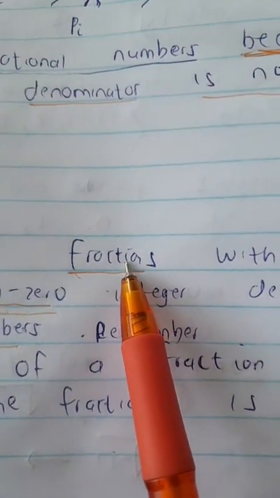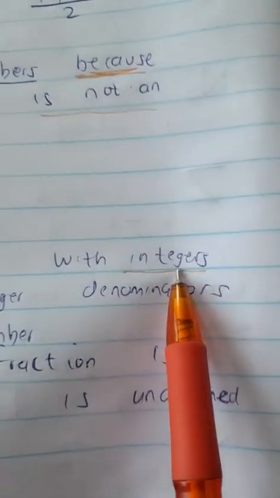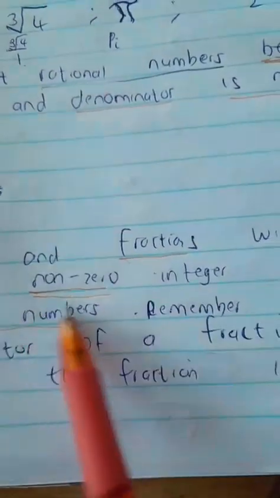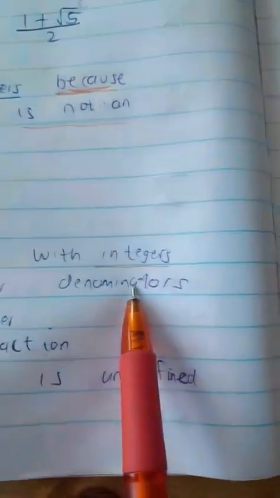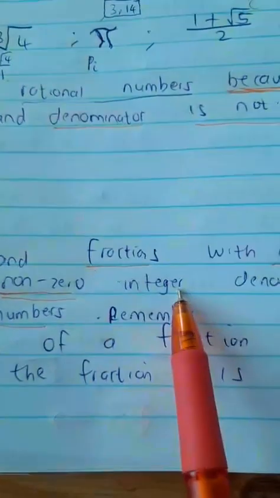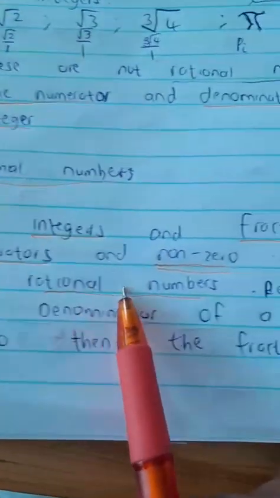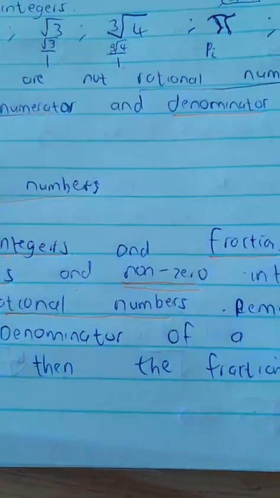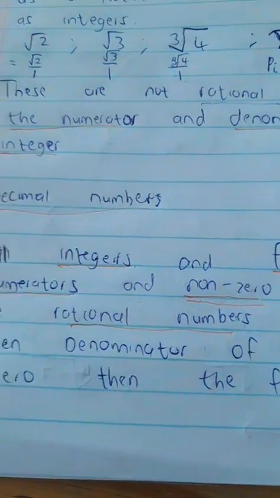So all integers and fractions with integers in the numerator and a non-zero integer denominator, in other words, the denominator is not 0 but is an integer, are rational numbers. Very, very important. I think that's a beautiful summary statement.